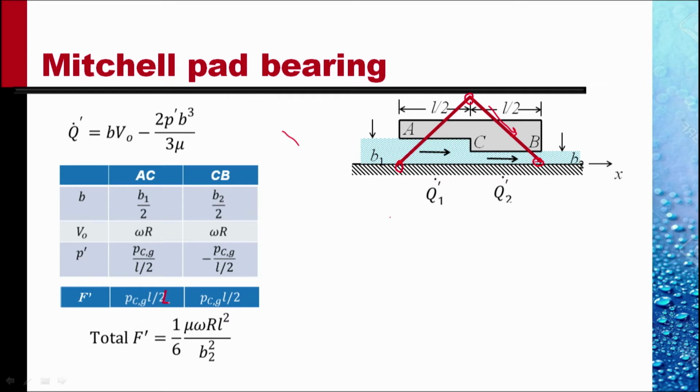It is not 2, it should be 4. PCG divided by 2 into L by 2. The total force that we evaluate comes out to be this. This is the total thrust that this bearing can support when gap B2 is 1/2 of gap B1.